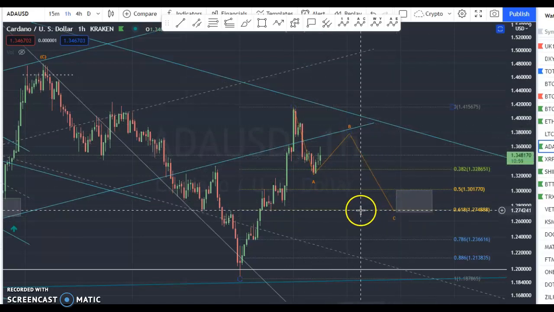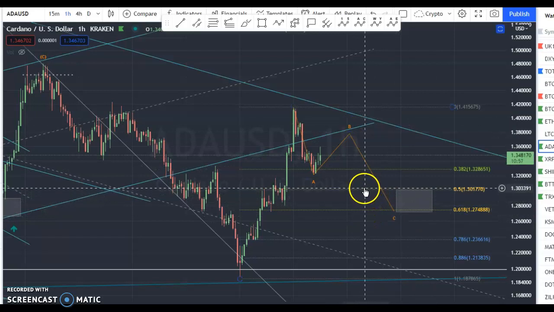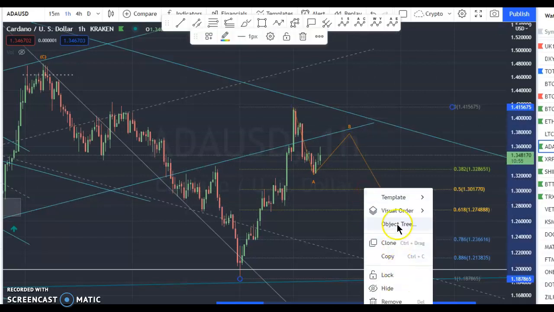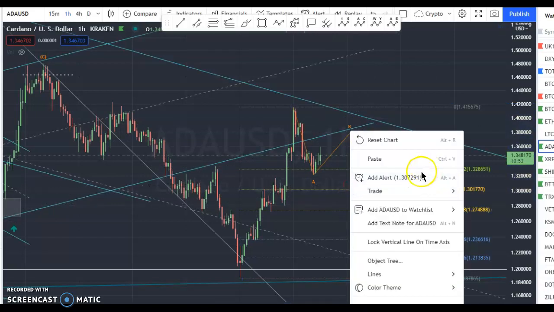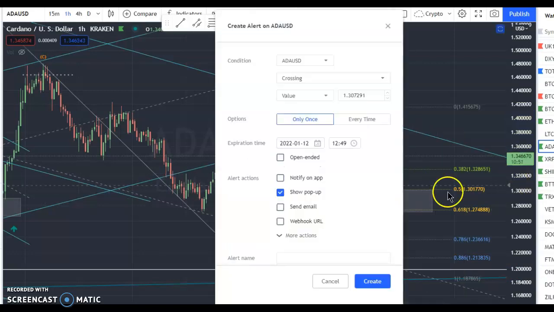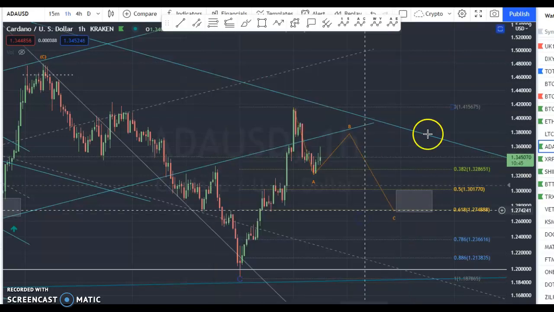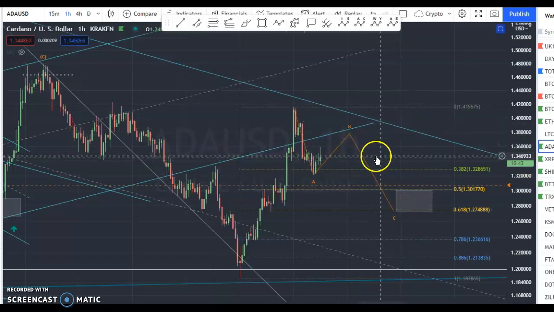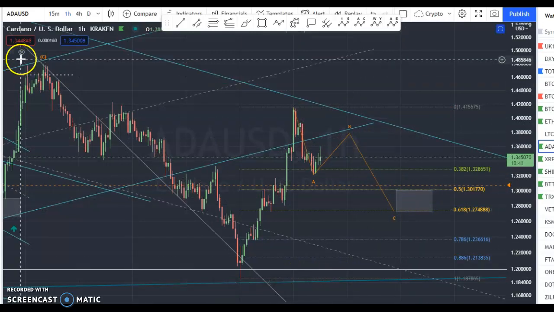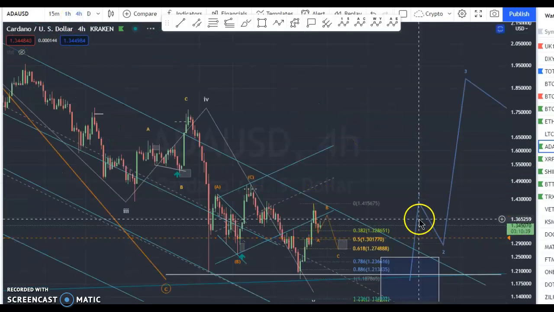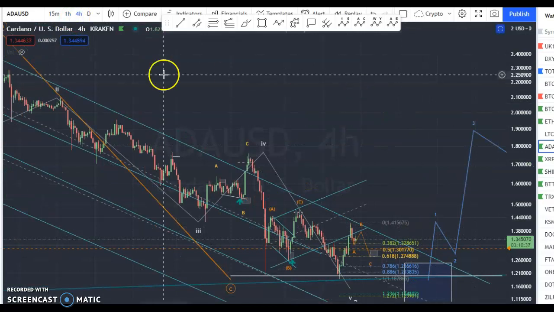So I think if I get down here, let me put my alarm on. If I get down here, I definitely want to be looking at buying or getting into the ADA trade. It is well worth it for me because that's a very, very small stop loss if it does work or doesn't work.